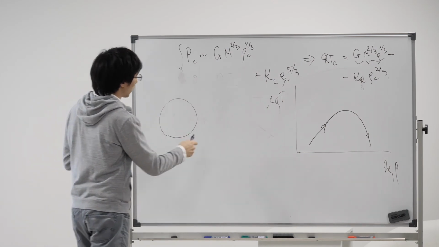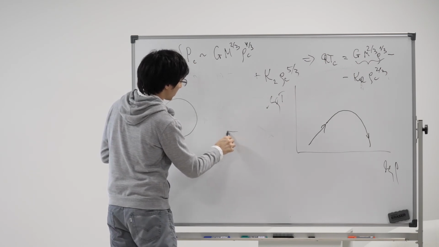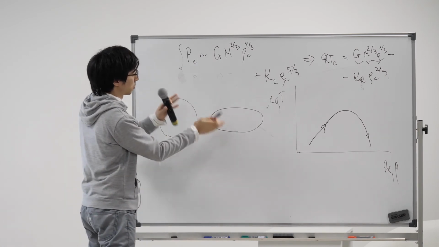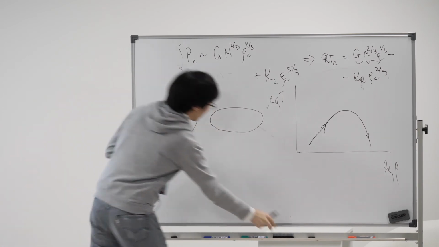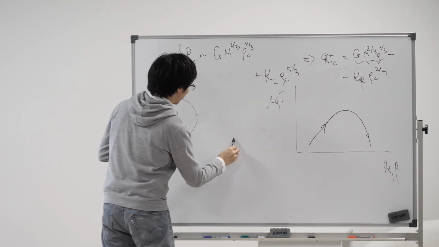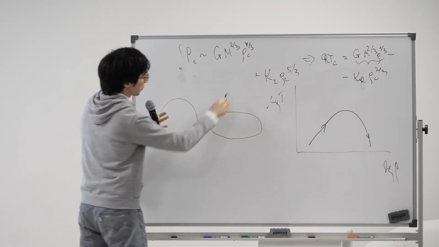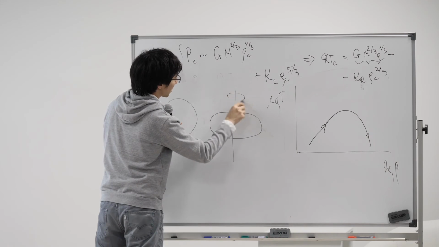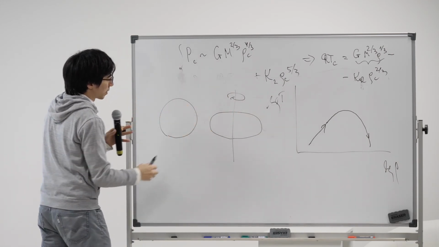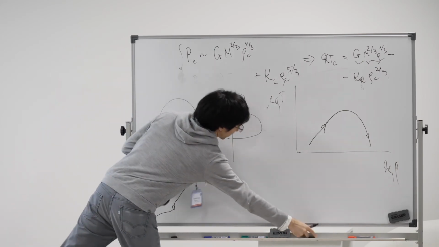But if there's rotation, then because of the centrifugal force, the star's shape should be a bit different. Of course, the star won't be deformed like this, maybe I should draw it in a milder way. But if the star is rotating on this axis, then the shape won't be spherical, and the star should be deformed because of the rotation.